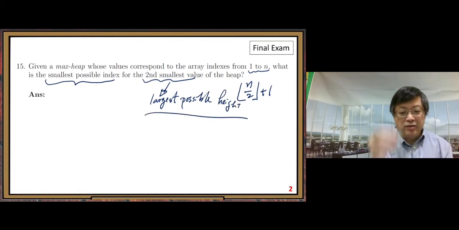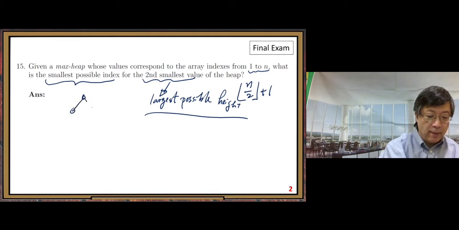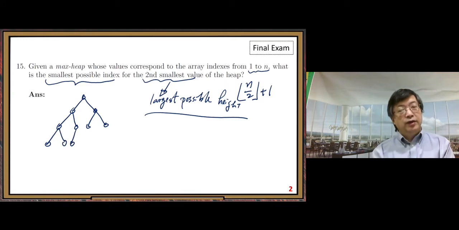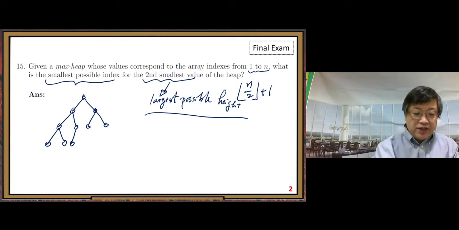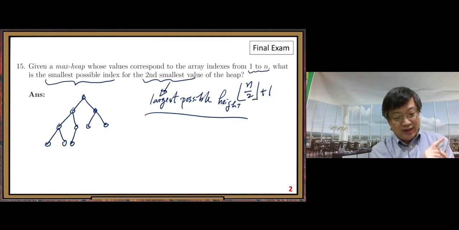Think about that. Let me draw a diagram, the general case. That's enough, I do not need to draw too high. Second smallest, not the first smallest.